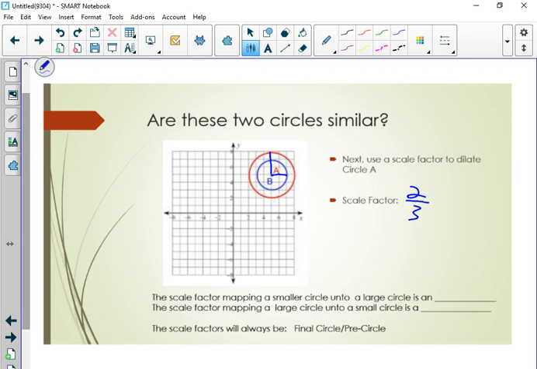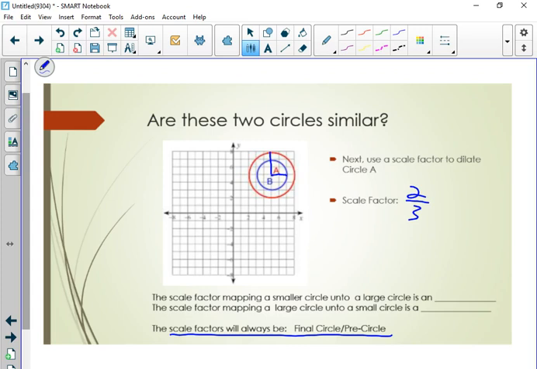Okay, and notice I didn't put 3 over 2, and that's because of this. The scale factor will always be the final circle divided by the pre-circle. So since I was moving A onto B, B is my final circle. And so therefore, I use the radius of B on the top, radius of A on the bottom, 2 to 3.